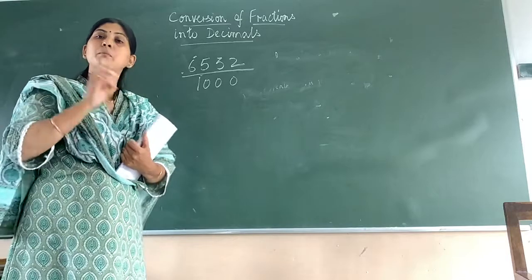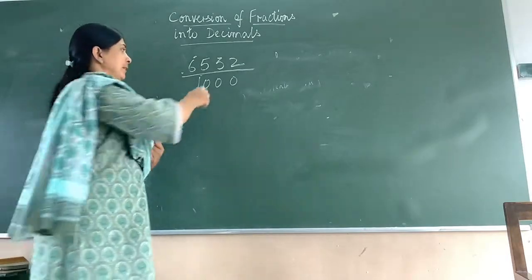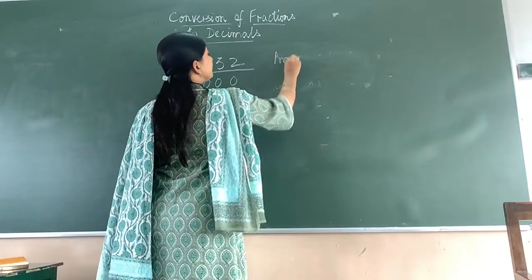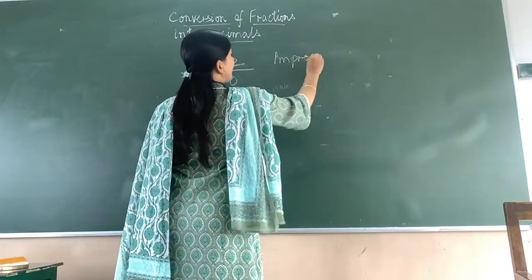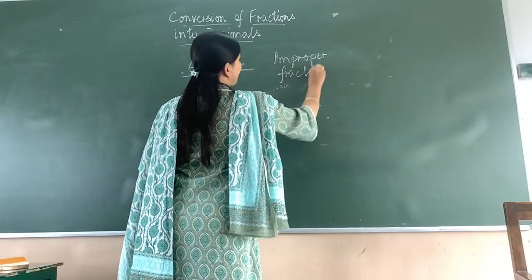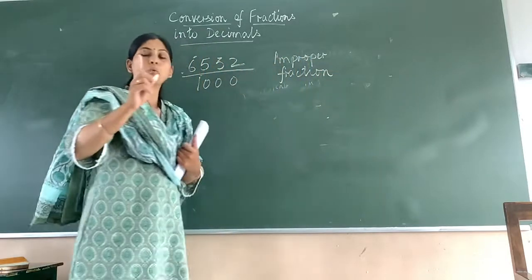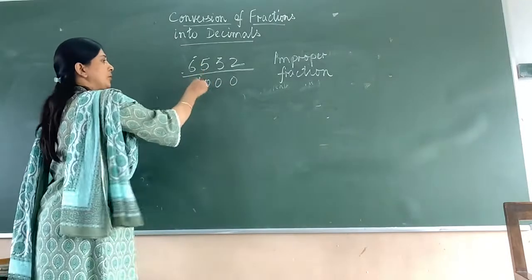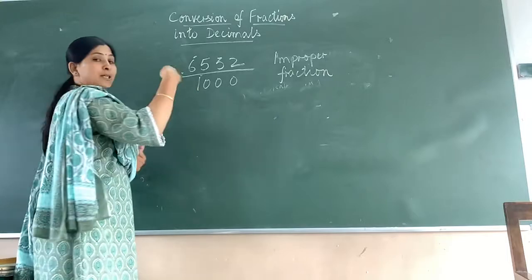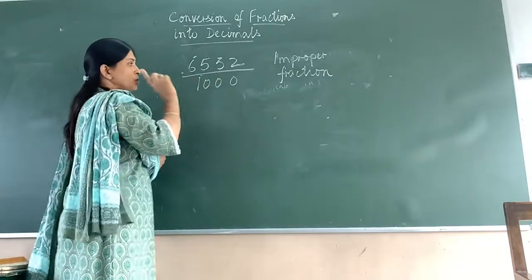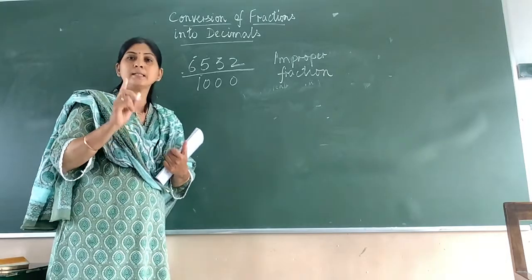When the numerator is more than the denominator, what type of fraction is it? It is an improper fraction. An improper fraction is either equal to or more than 1. Now when the numerator is more than the denominator, that means it is more than 1. So now let us write this in decimal.